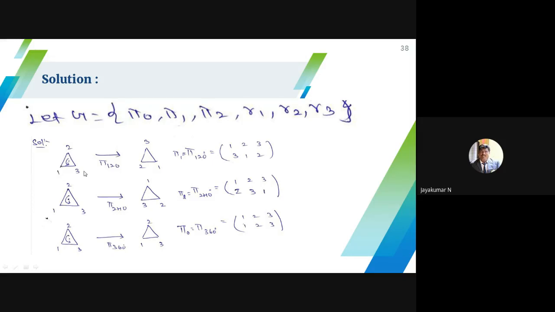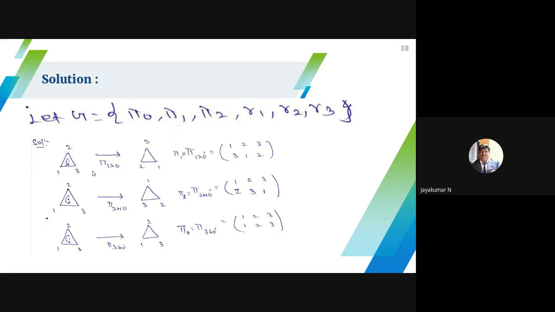Okay. So, what do you mean by rigid motion? Rigid motion means if you apply any motion, you will get the same equilateral triangle. That is called rigid motion. Here, suppose, I will explain. Take a cardboard, and cut the equilateral triangle from the cardboard.